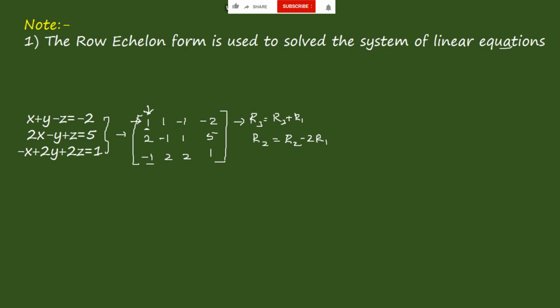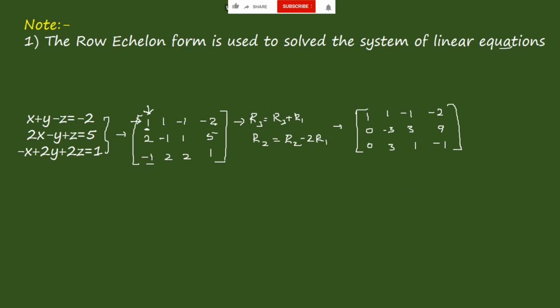So when you go with the second step, such that the column below the leading one becomes 0, the matrix would change to 1, 1, minus 1, minus 2, and this becomes 0. This becomes minus 3. This is 3. This is 9. And this is 0. So this one becomes 3. And this is 1. This is minus 1. Right. This is the matrix.